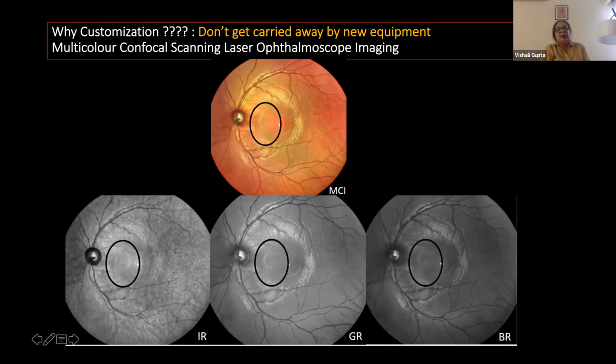And then we have multicolor imaging, we have infrared, we have green, we have blue. And all of us are talking in conferences about the advantages of each of these modalities. Now, you are all experts sitting there. Look at these images. What do you think? Though I have highlighted the area of interest, probably to me, it looks normal.